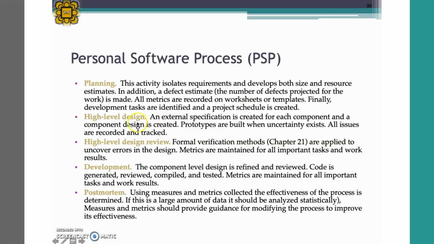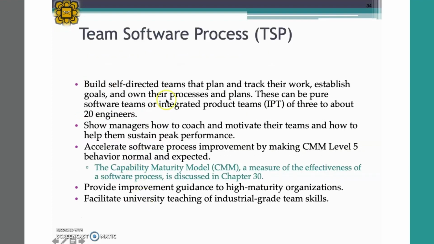So for each of these processes, they focus on how each person will be able to achieve the task. Okay, and as compared to the personal software process, the team software process is talking about planning and tracking as a team rather than having a personal point of view.